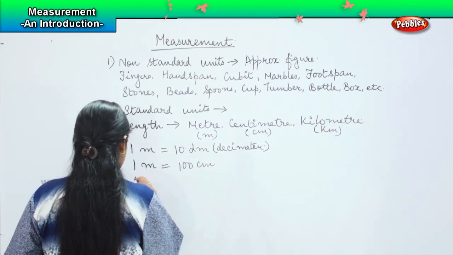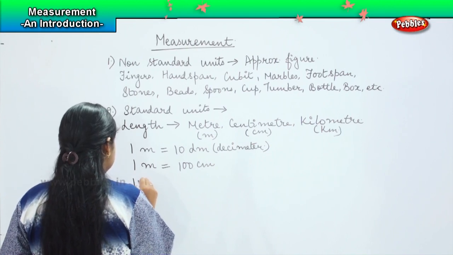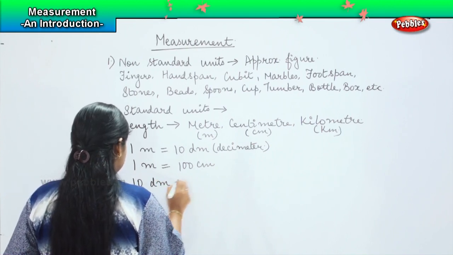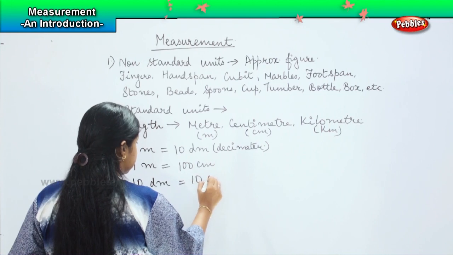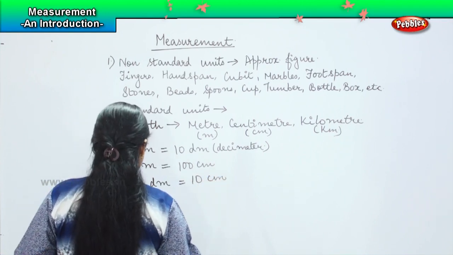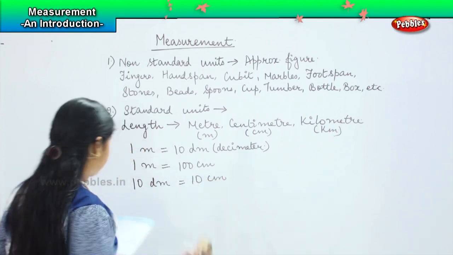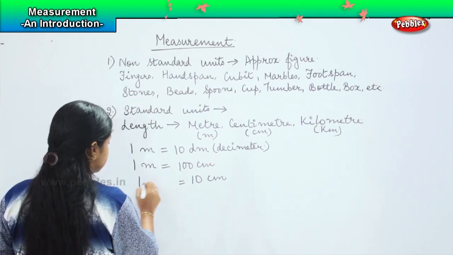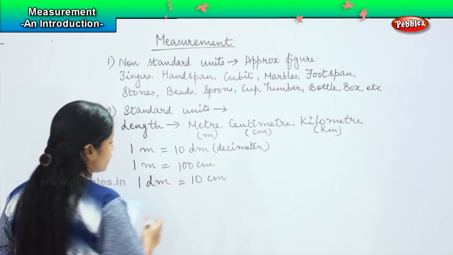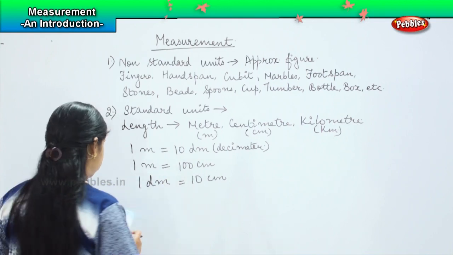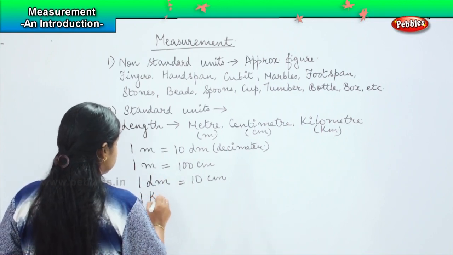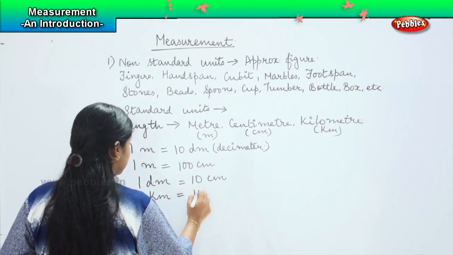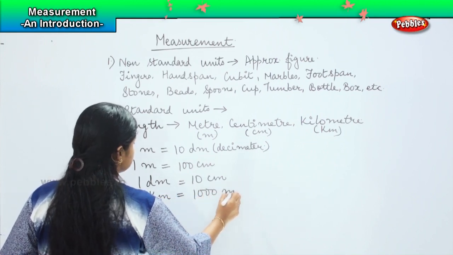And the third one is 1 decimeter is equal to 10 centimeter, and 1 kilometer is equal to 1000 meters.